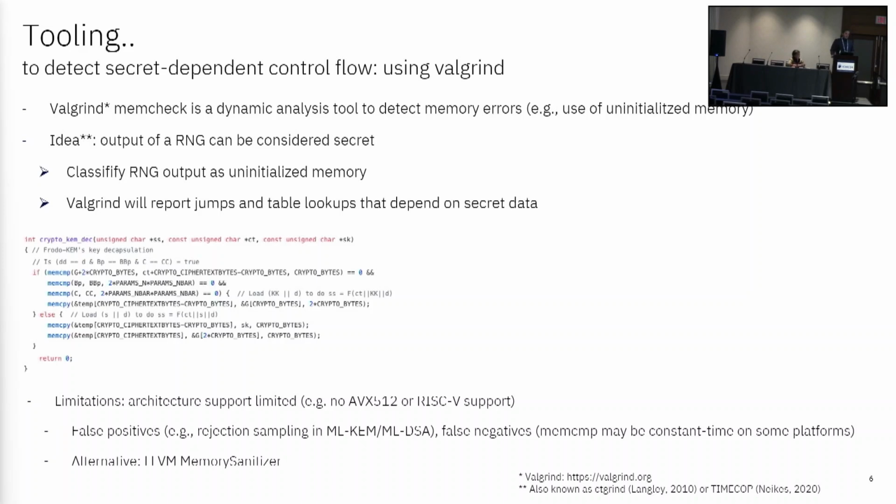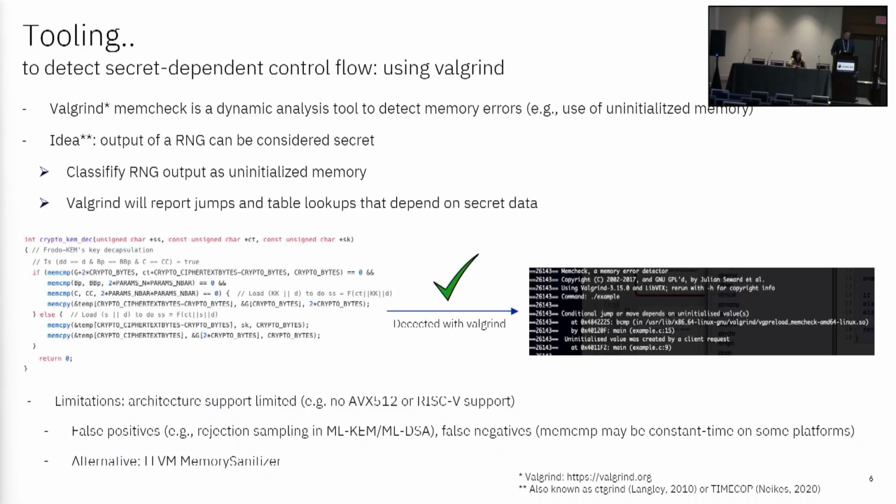Also, if you happen to have a memcmp implementation that is constant time, you will not detect it. Also, if you run it on a different system, then it would be different. And yeah, the platform support is also a bit limited. For example, if you have AVX-512 or RISC-V, that's not supported there. There is an alternative, the LLVM memory sanitizer, that can be used in a similar way.